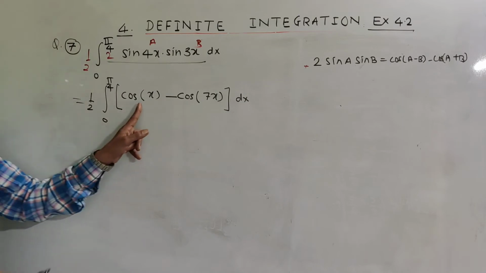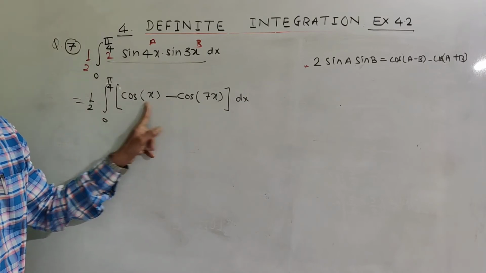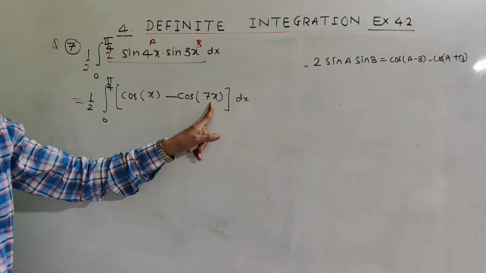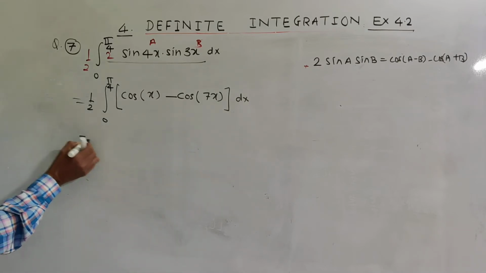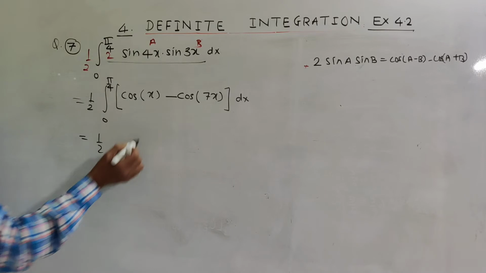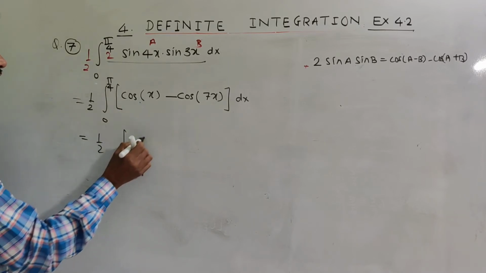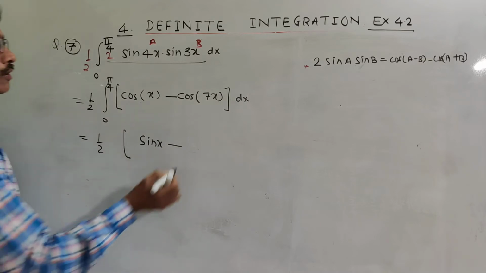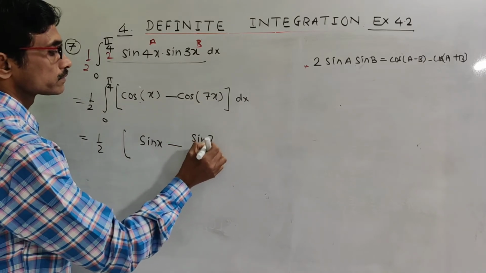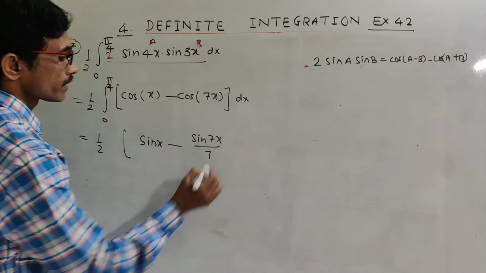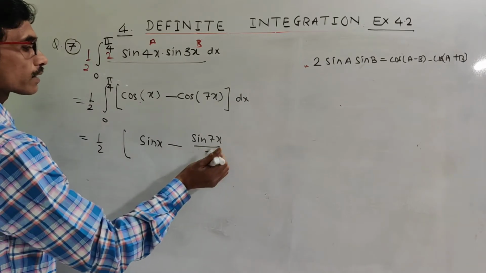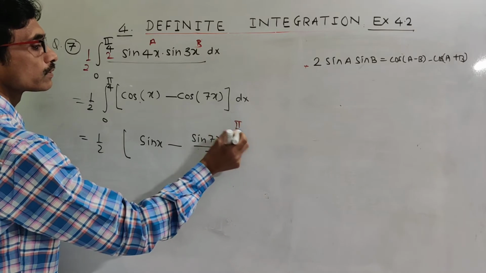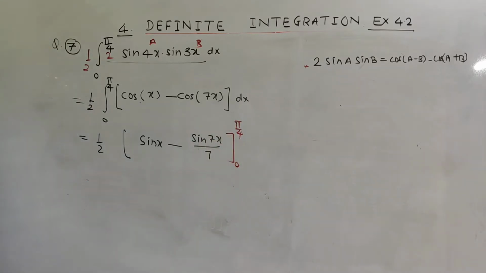Now integration of cos of ax plus b is 1 upon a into sin of ax plus b. So 1 by 2 integral of this, sin x minus, integral of this is sin of 7x upon 7. Limits are 0 to pi by 4.